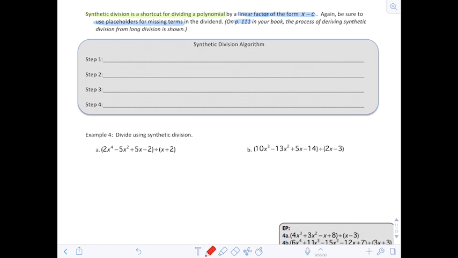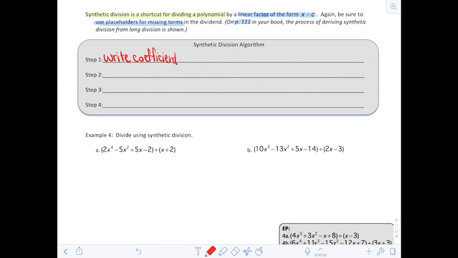Okay, so in synthetic division, we're just going to run through the steps again, and then we'll practice. So step 1, you want to write coefficients in standard form.